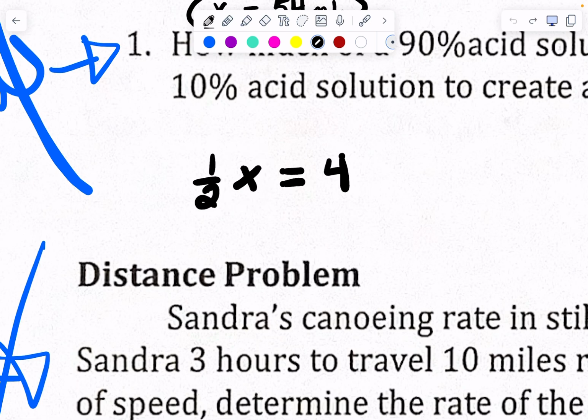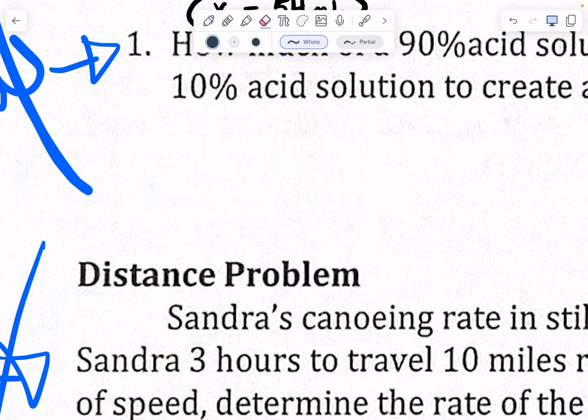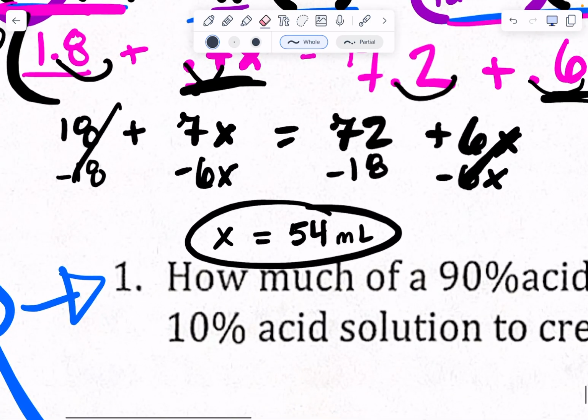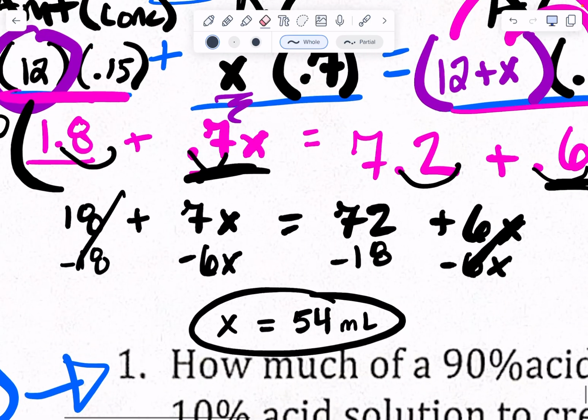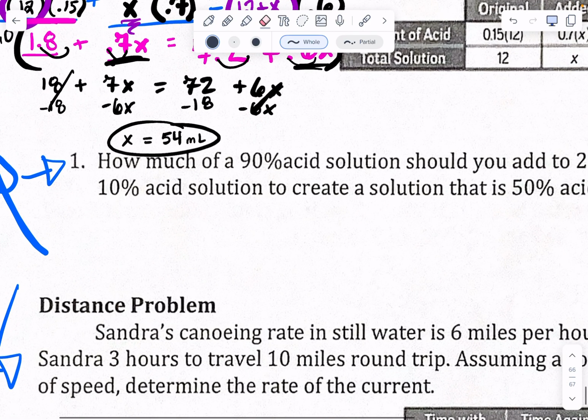If I multiply this by 2, x equals 8, and I don't also have to divide by 2 to get the actual answer. If we had done this the regular way, I would subtract 0.6x, so this would have been 0.1x equals 5.4, and I divide by 0.1, which is 54. Yeah, good question, I'm glad you asked that. Okay, good?